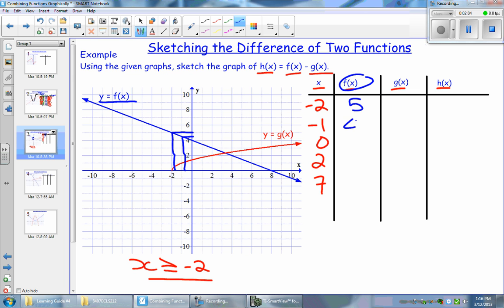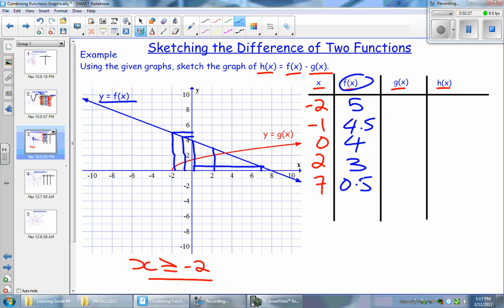It looks like it's about 4.5. Let's keep going with the same procedure. At 0, my graph has a y value of 4. At 2, my y value is going to be 3. And at 7, it looks like it's going to be about 0.5. As best as you can, just approximate where necessary.